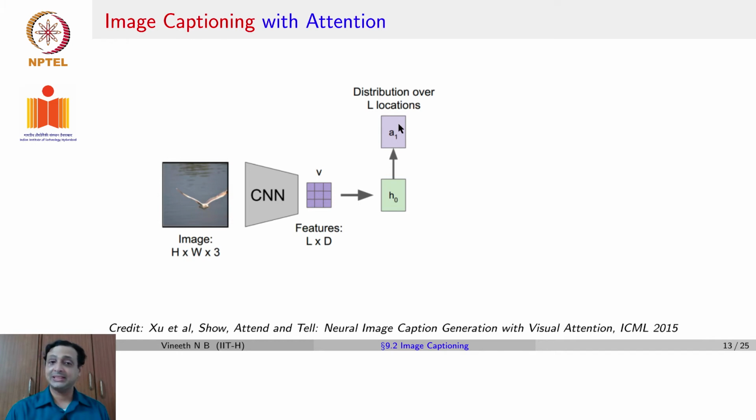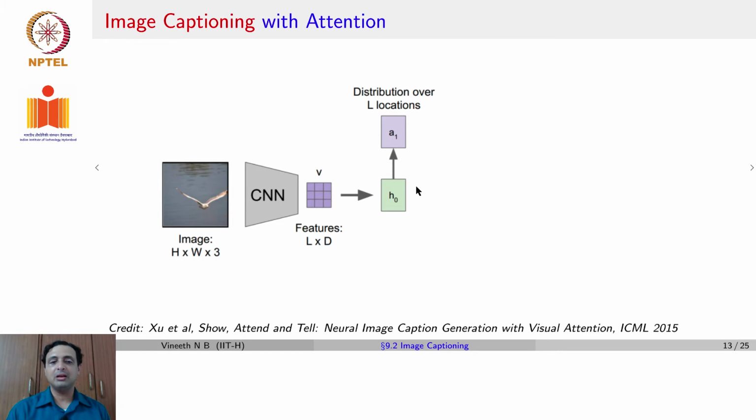Recall, we just said that an RNN outputs a distribution over a vocabulary. This time, we are going to ask the RNN to generate a distribution over L possible locations. What are these locations? These are the locations of each of these grids in the feature map.